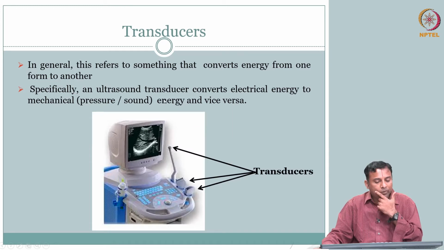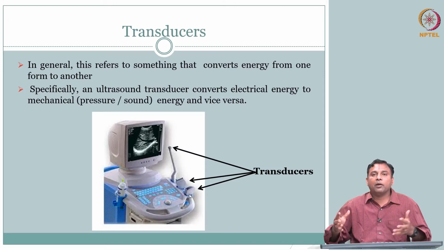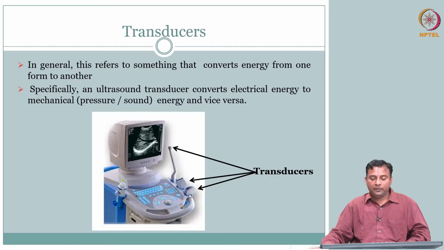Typically this is a scanner look-alike, and you will notice a bunch of different transducers depending on the imaging study. If you want to take an abdomen scan, for example, you want to have the property of being able to reach deep, because the abdomen region is bulkier.